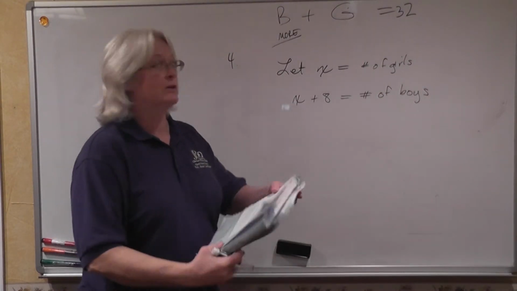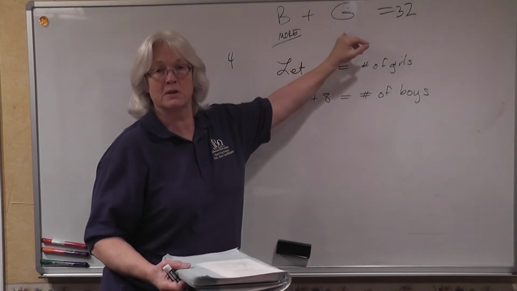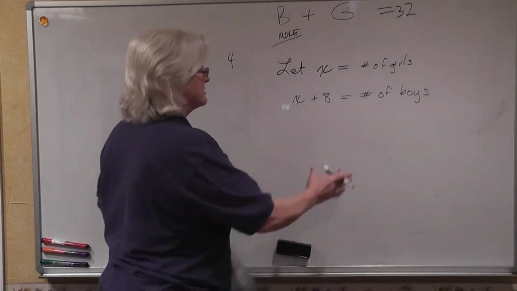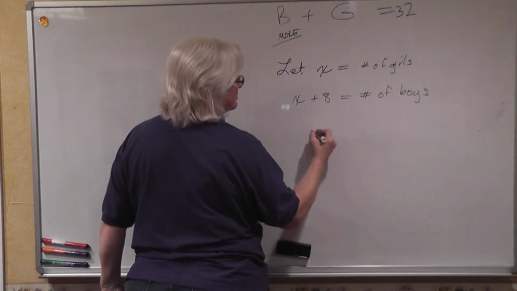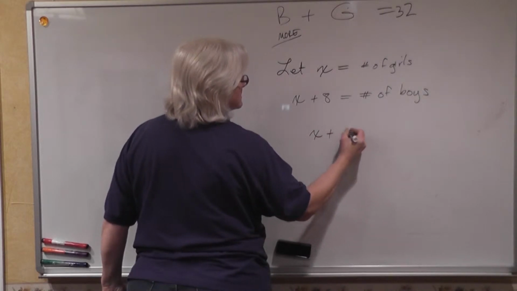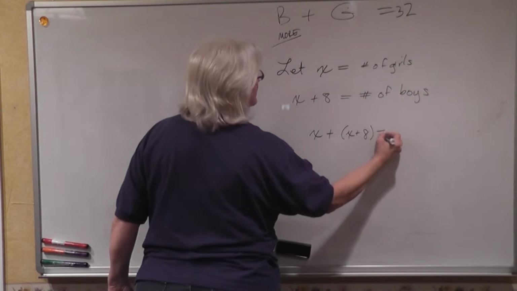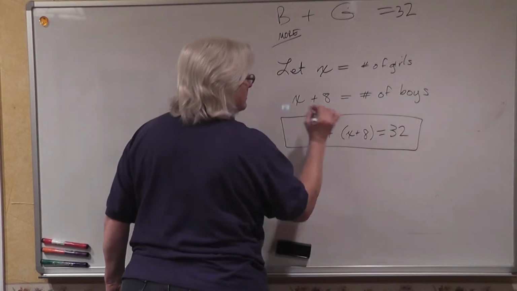And like we have our little picture up here, if you will, the number of boys plus the number of girls is the total number of members in the band. It's exactly what we're going to do. Except I'm going to say the number of girls plus the number of boys is equal to the total number of band members.